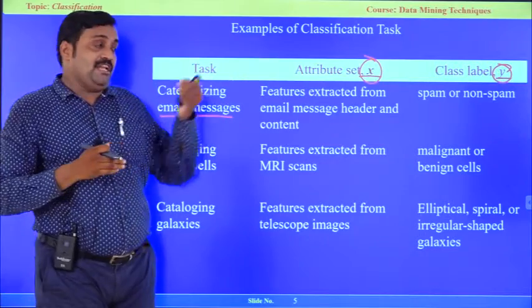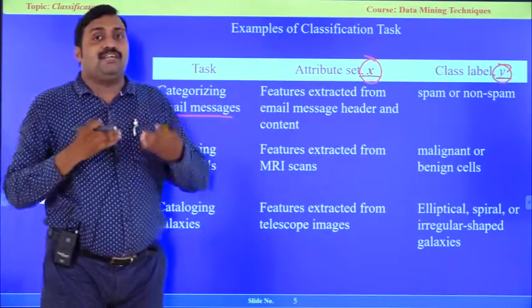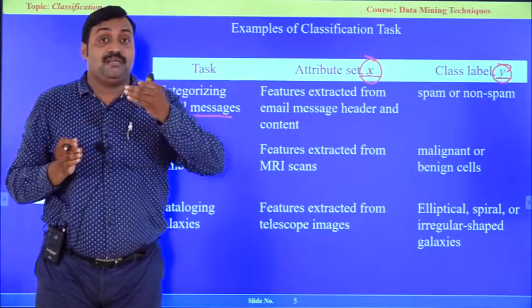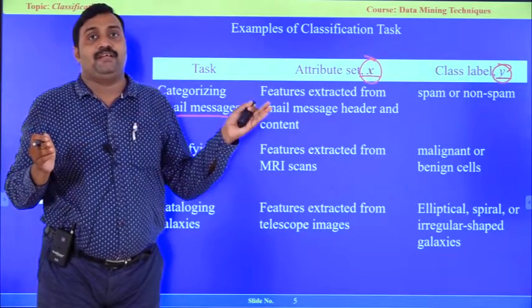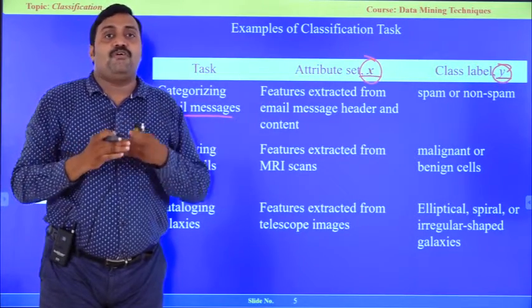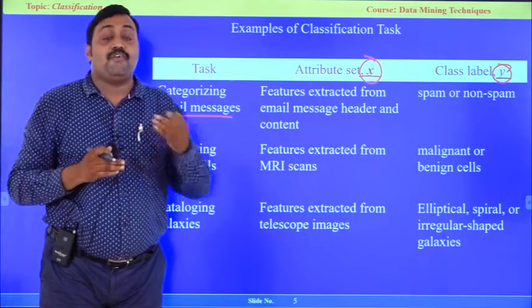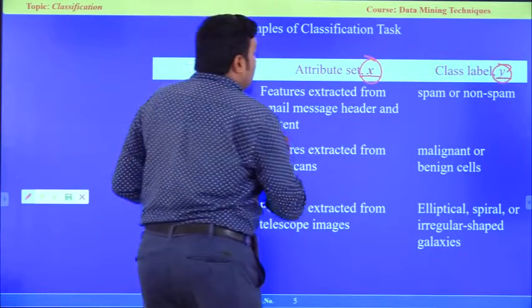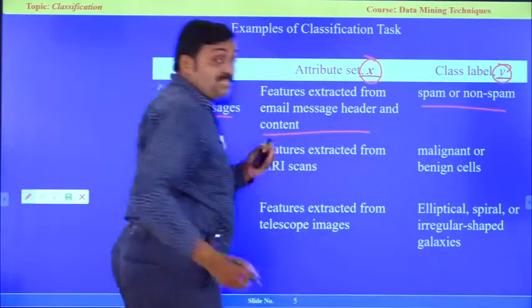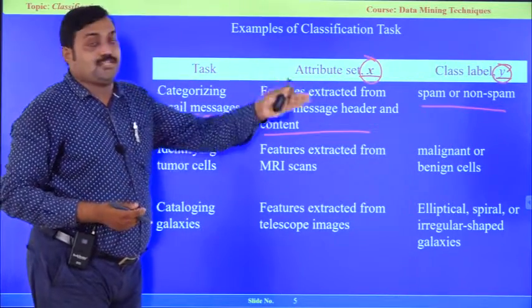Whenever I receive any mail, spam filtering automatically classifies it based on subject or content. Spam means I don't want to read it; if it's not spam, I want to read it. So the best example is spam filtering, and the result is spam or not spam.